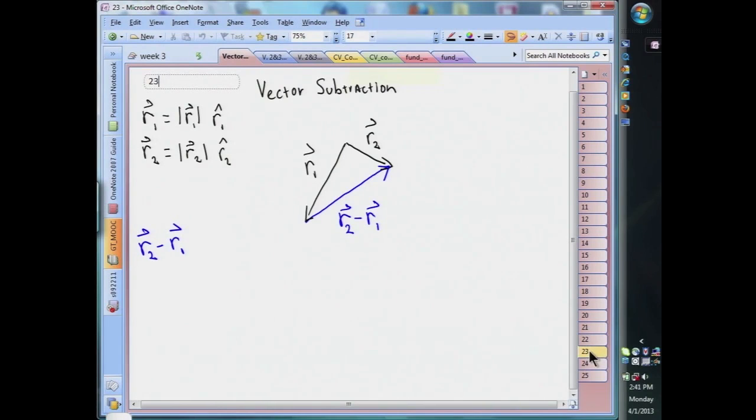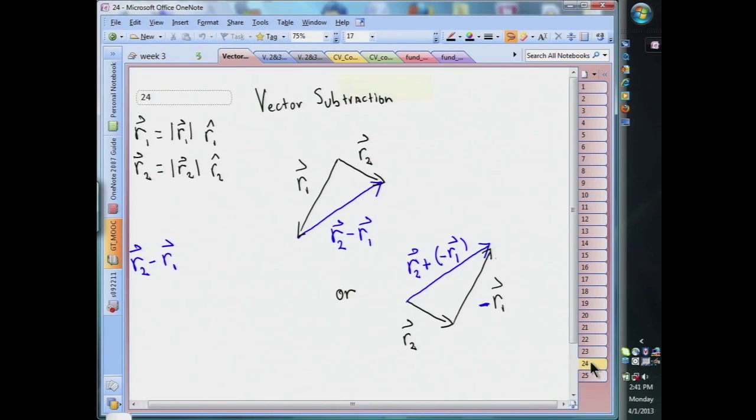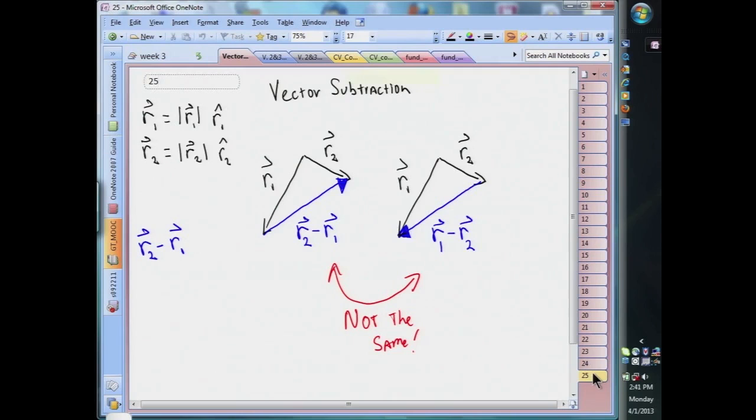This arrow represents the subtraction R2 minus R1. As before, we can still think of vector subtraction by converting this to a vector addition problem. And also, as before, the order matters. R1 minus R2 is not the same as R2 minus R1.